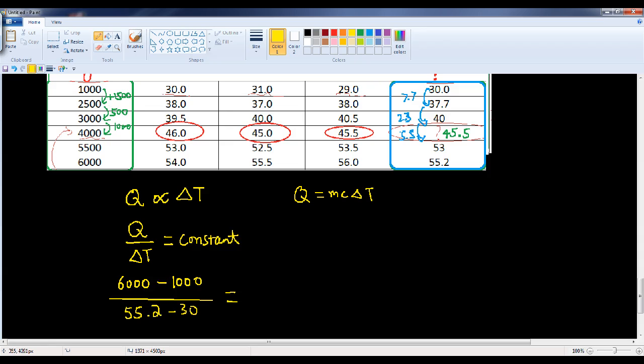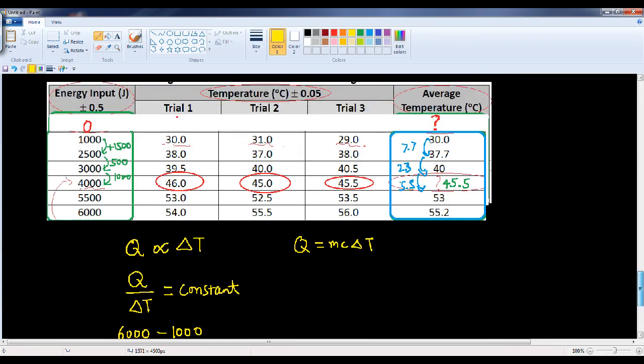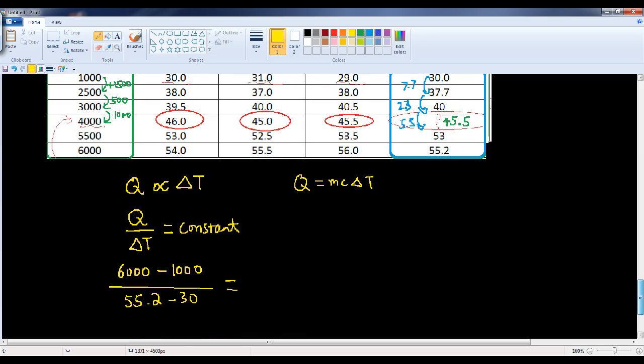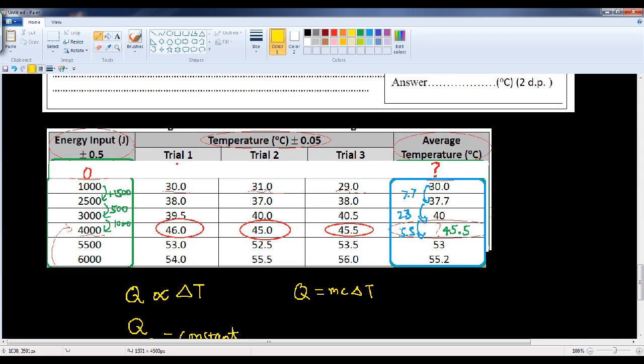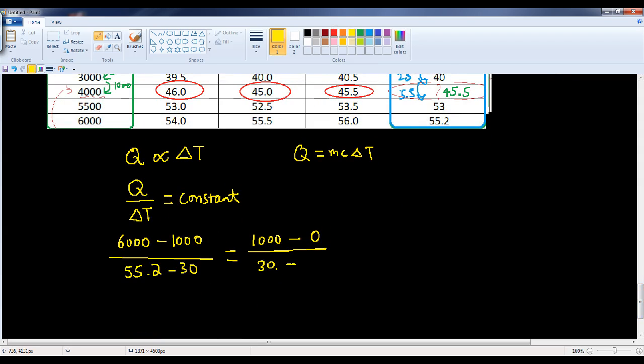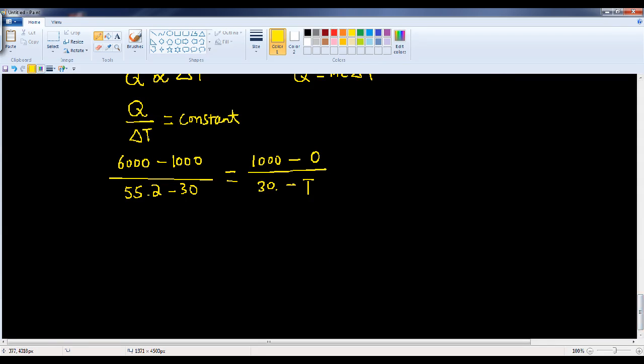That's one part: the heat supply divided by the change in temperature. But we could also use the other part, from 0 to 1000. When you consider from 0 to 1000, it should be 1000 minus 0 divided by 30 minus the temperature here. This temperature we don't know, so let's say this temperature is T. Basically you are going to solve this equation to find T.